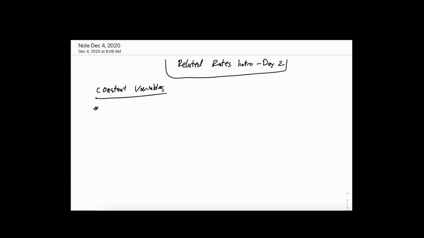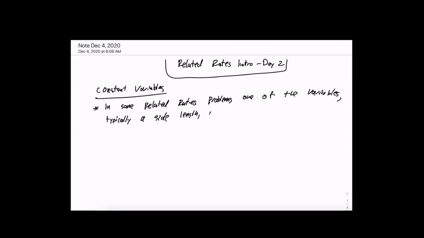In some related rates problems, one of the variables, typically a side length, is constant.